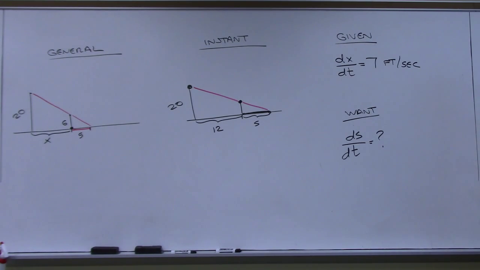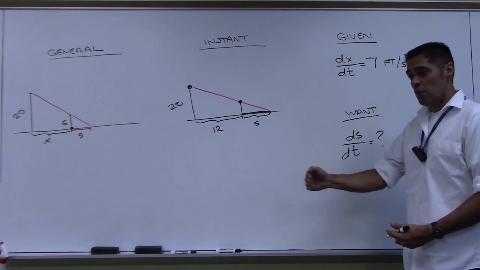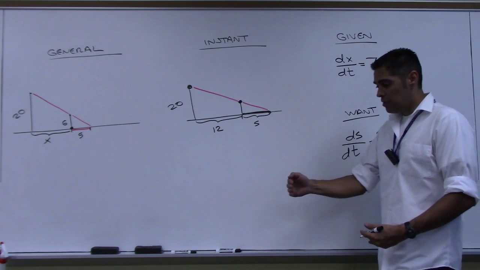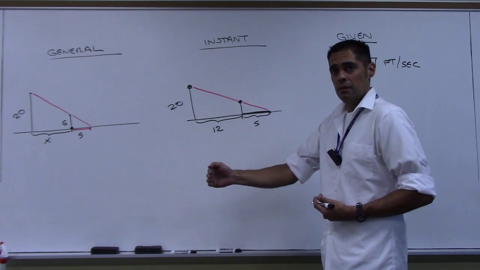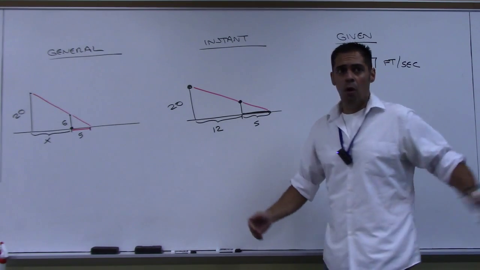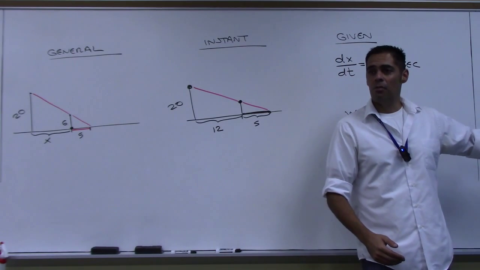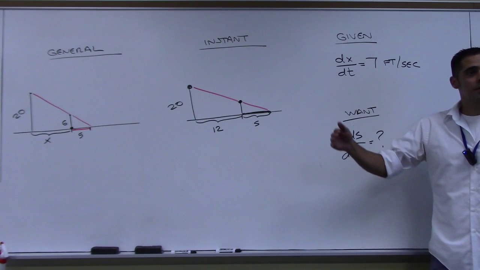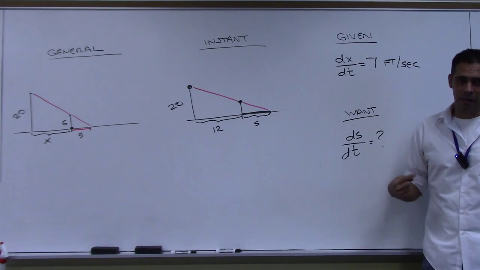If I'm moving at 7 feet per second and I'm watching my shadow grow, then that shadow is growing relative to me, but I'm moving. The pole is stationary, right? So relative to the pole, the shadow is actually moving faster than relative to me.